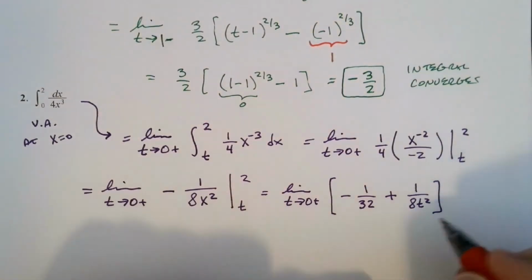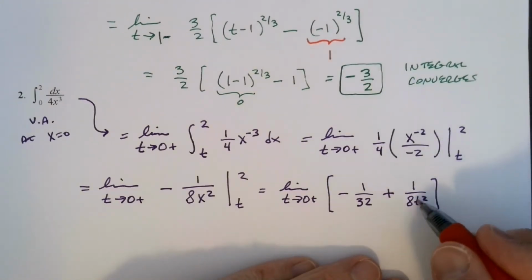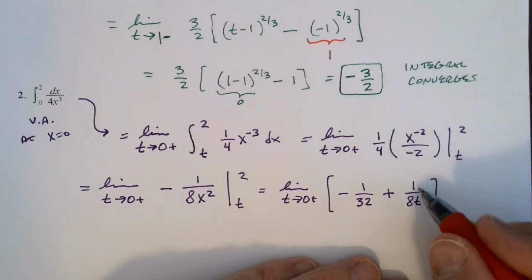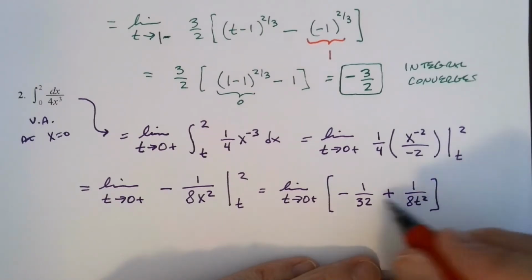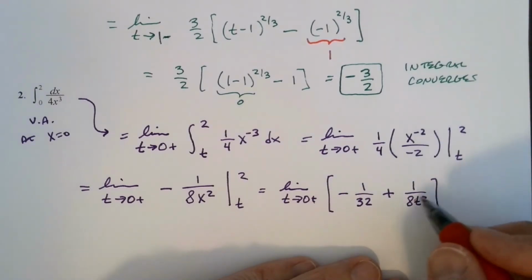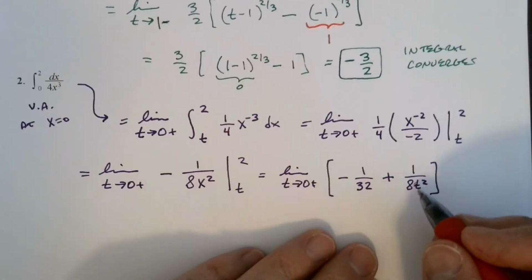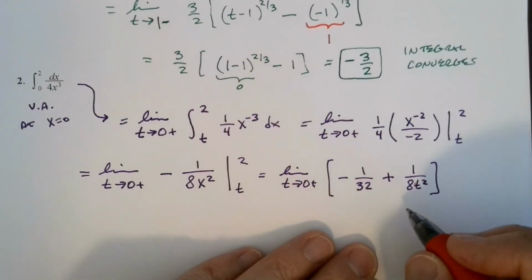But if I plug in this time, what's going to happen? As t gets smaller and smaller, this quantity is going to get smaller and smaller. And 1 divided by a smaller and smaller quantity, notice it's squared, right? t is approaching 0 from the positive side, so this is always positive, but it's getting smaller and smaller as t goes to 0. And this form of this limit is 1 divided by 0. What does that mean?